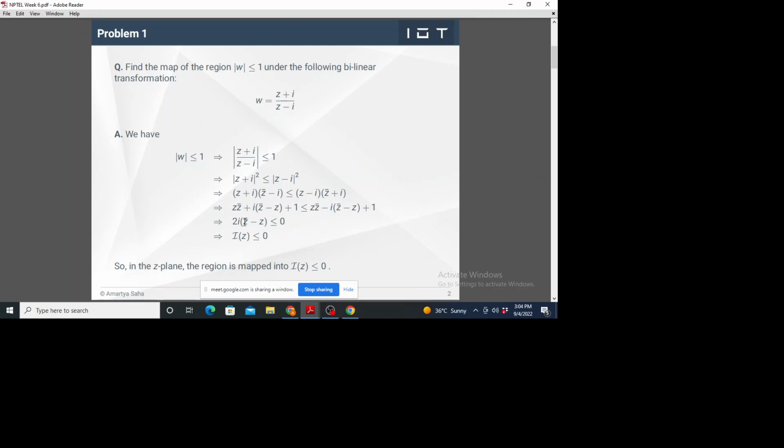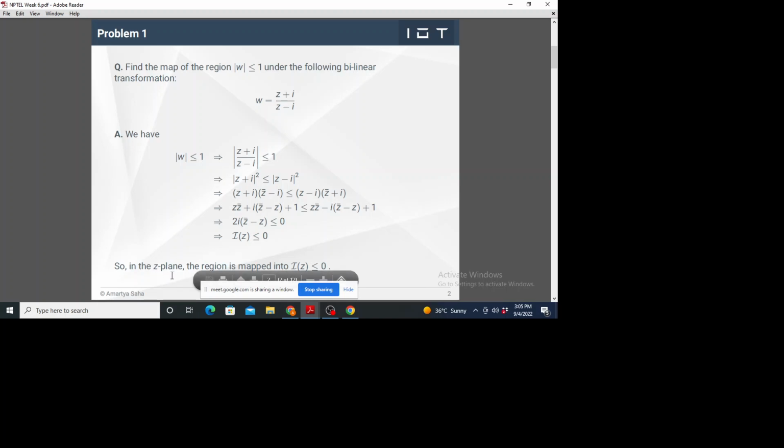We are left with 2i multiplied by Z bar minus Z less than or equal to 0. As you usually recognize, this is the imaginary part of Z, actually 4 times the imaginary part. So this is 4 Im(z) less than or equal to 0, which simply implies Im(z) less than or equal to 0. So we have solved this problem.